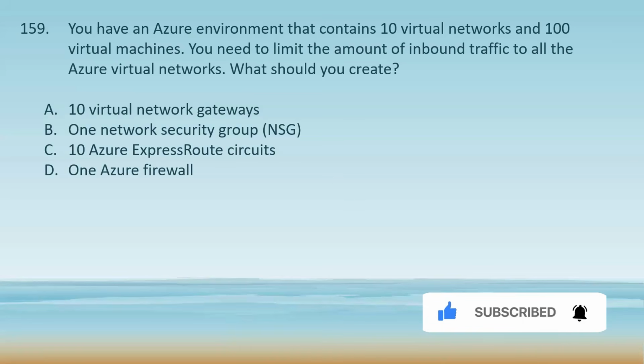The second option, network security groups, are used to control network traffic by defining inbound and outbound security rules. While NSGs can provide inbound traffic filtering for virtual machines, they do not directly limit the amount of inbound traffic to the entire virtual network, making this an incorrect choice.